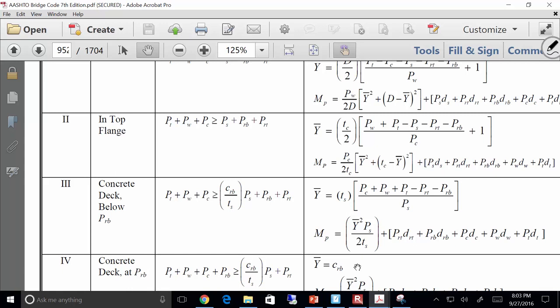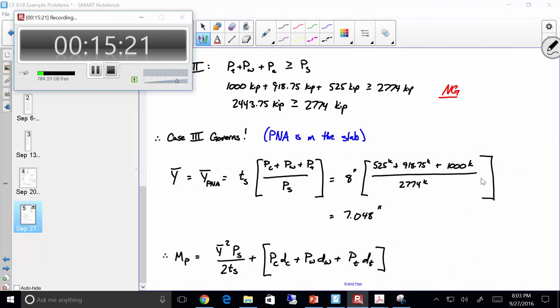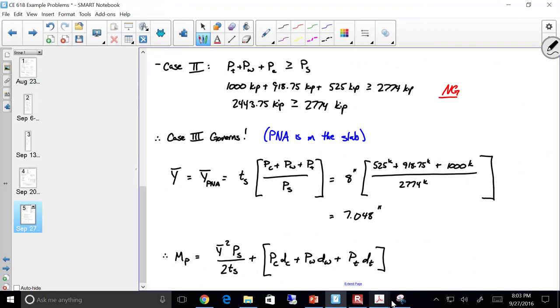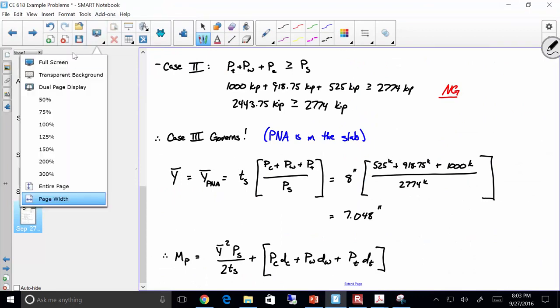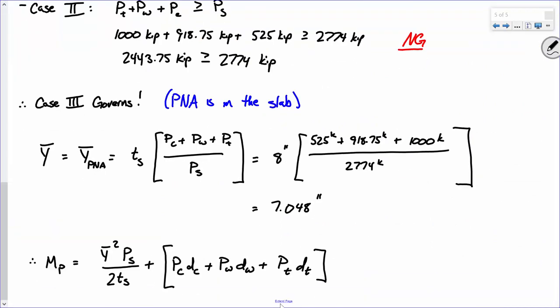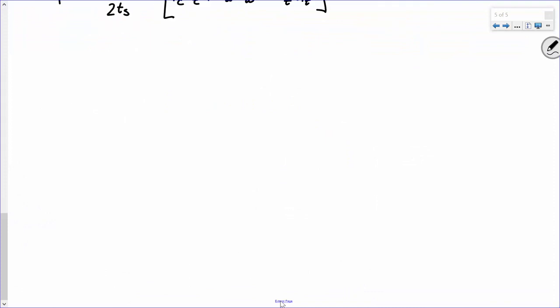That's plug and chug. I just wrote it down. Okay. Now, what don't we know? We can plug and chug right now, except for one thing. We don't know those little d distances, right? The d distances. Okay. So far, so good? All right.